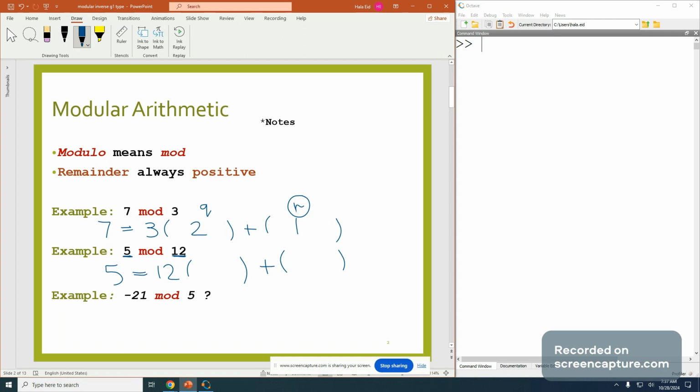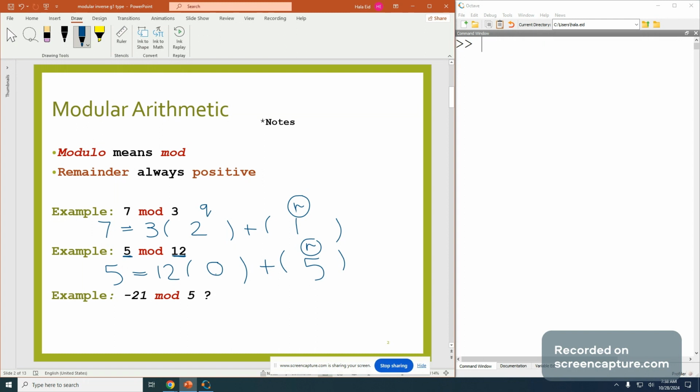Or you can ask yourself, how many 12s are inside the 5? Well, 0. So we put a 0 as a quotient, and then you say 12 times 0, this is going to be equal to 0. 0 plus what? I would get to the 5. It is 5. So you can see here that the value of the remainder, the value of the mod, is equal to 5. باقي القسمة 5.